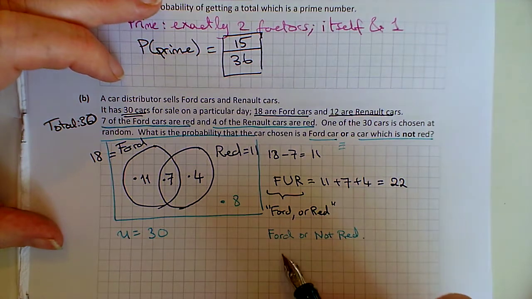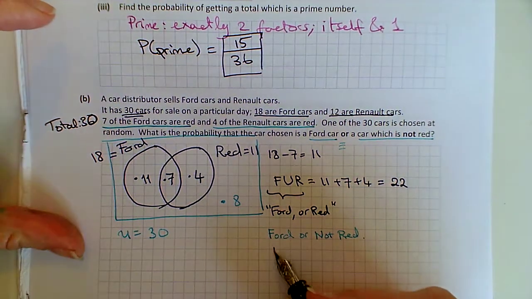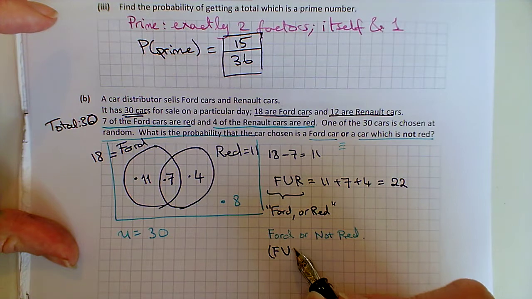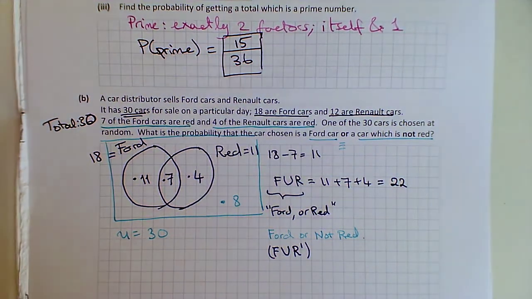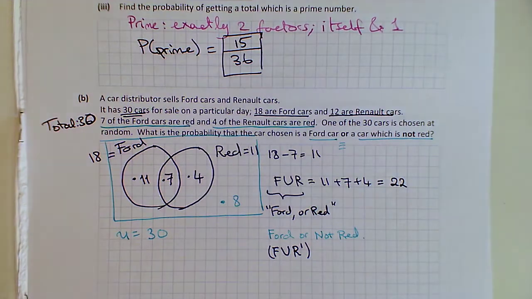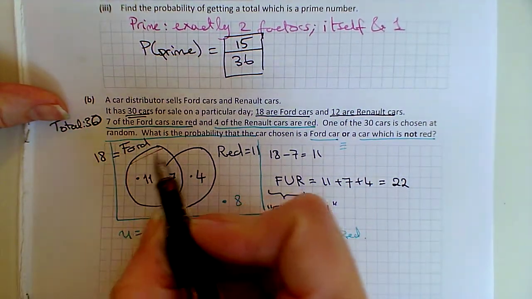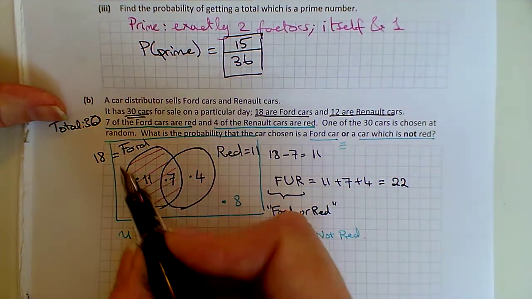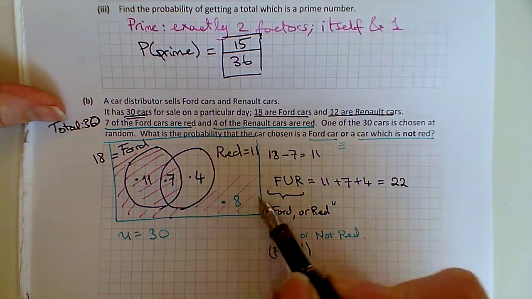In set notation, this would be F union R complement. So we'd write it in set notation. So what we're talking about is everything. So we're including the red Ford cars, but we're not including the red Renault cars.